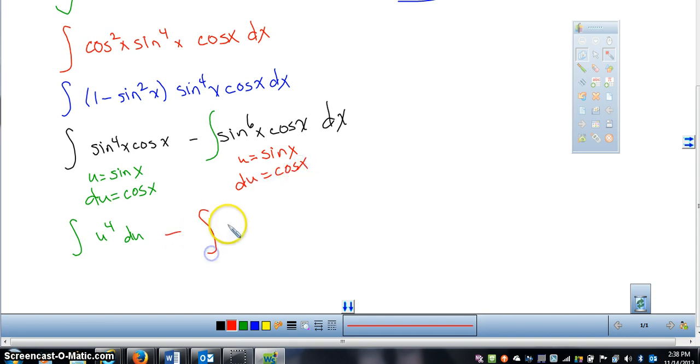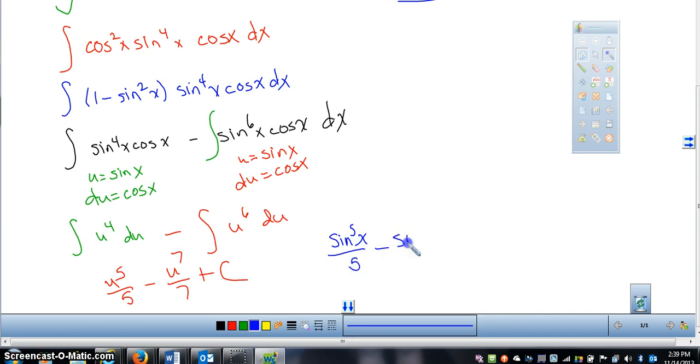I don't care. You get u to the 6th du. And you integrate, and you get u to the 5th over 5 minus u to the 7th over 7 plus c. And I'm going to substitute back in, so I get sine to the 5th of x over 5 minus sine to the 7th of x over 7 plus c is my answer.